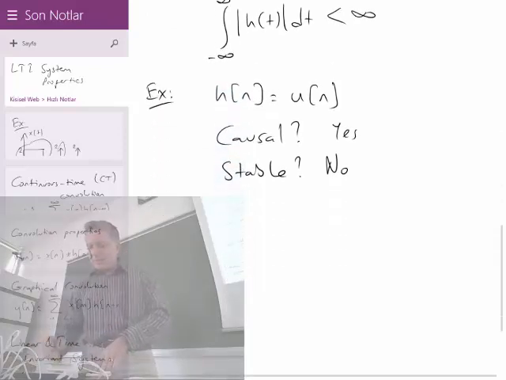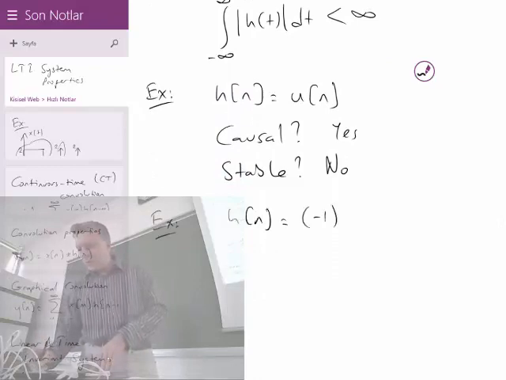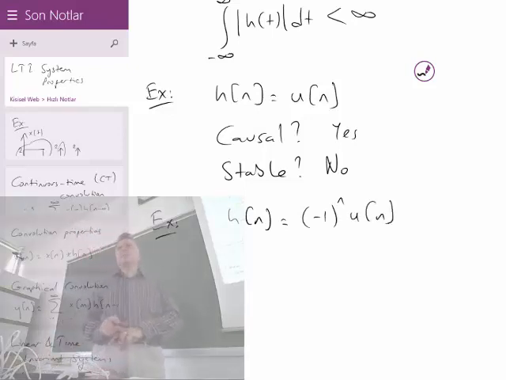How about this one? h of n is equal to minus 1 to the power n u of n. Is it stable? It's not stable either, because you have to take the absolute value in the summation.